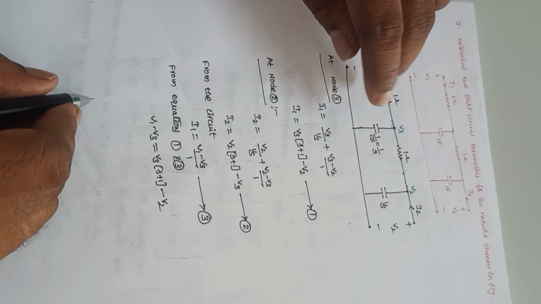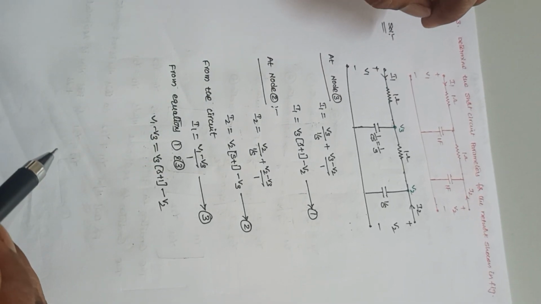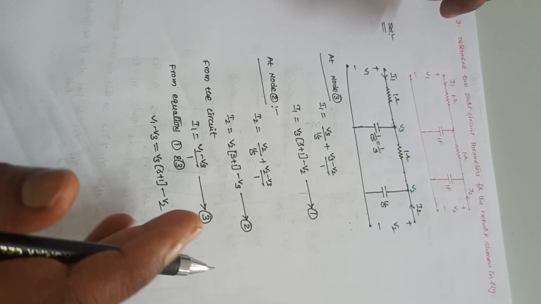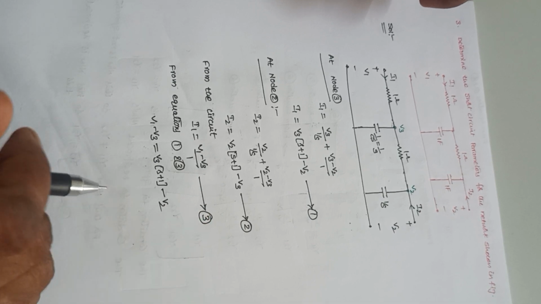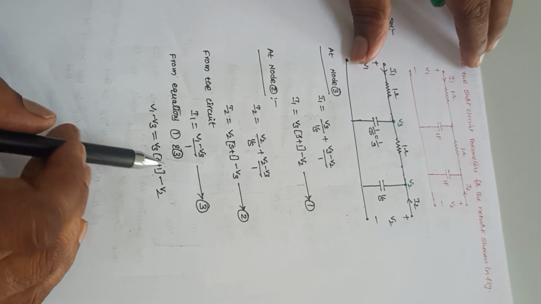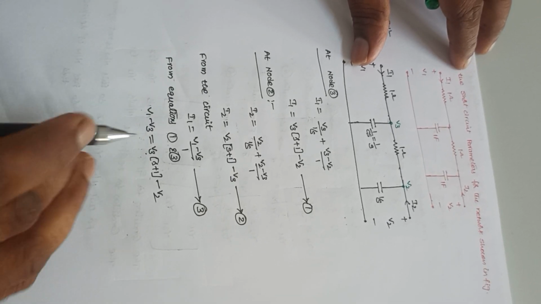Why I am doing all this procedure here is that I need to get the equations in terms of I1, I2, V1 and V2 only, but not V3. So I should replace this V3 in terms of V1 and V2.